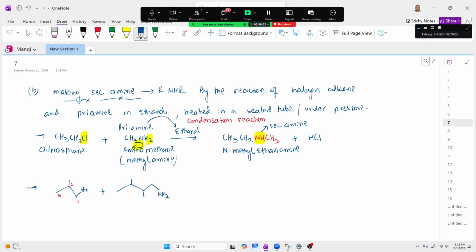At the second position, there is a methyl group. And at the first position, there is a bromo. So you have to tell me the bromo position first. So 1 bromo, 2 methyl propane. Correct? Very good. What about the next one?